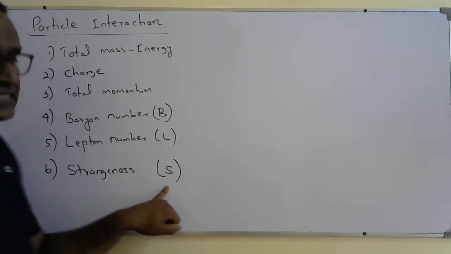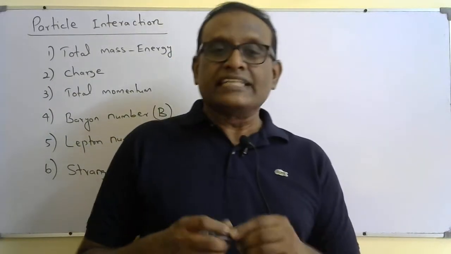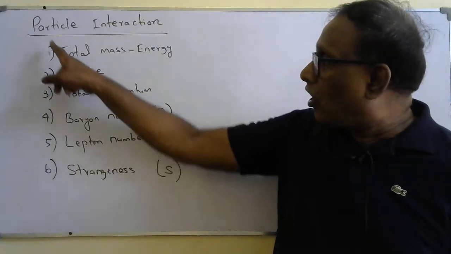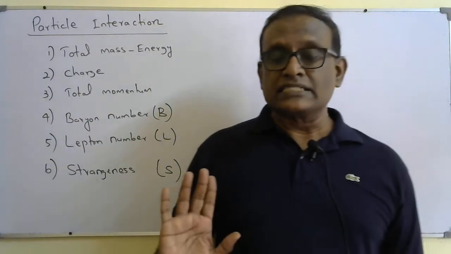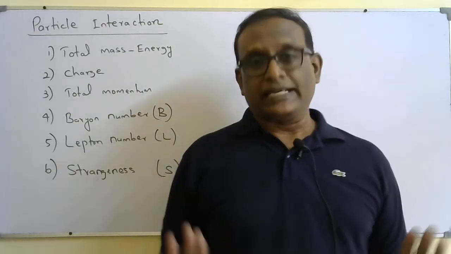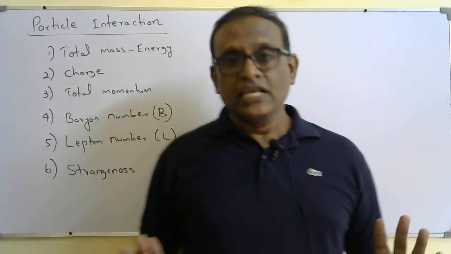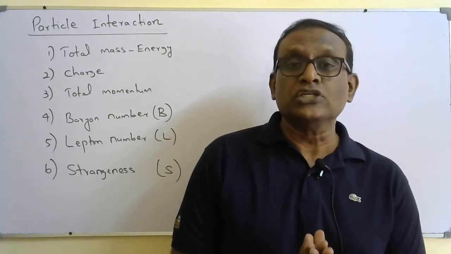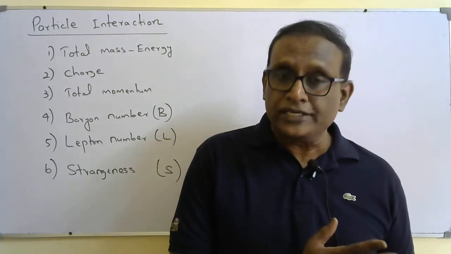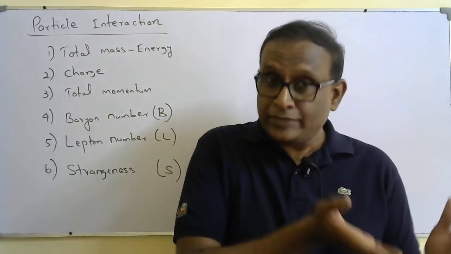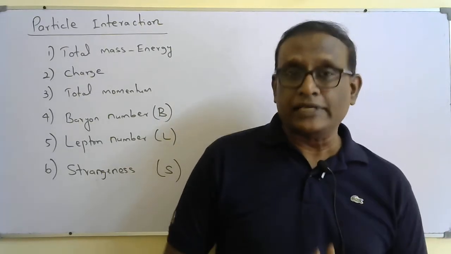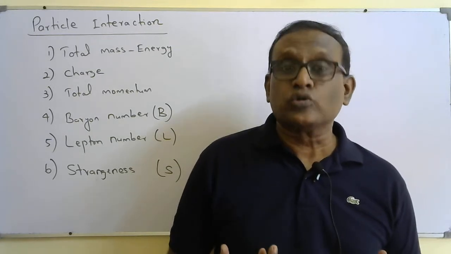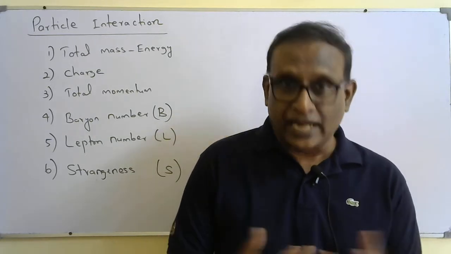This strangeness has a slightly different behavior. All the first five must be conserved in all types of particle and nuclear interactions. These interactions happen due to either strong nuclear force or weak nuclear force. In chemistry, remember again, all chemical reactions happen due to electrostatic or electromagnetic force between the different ions.